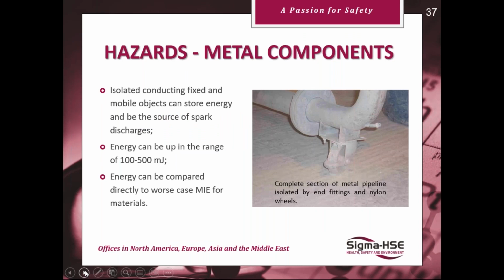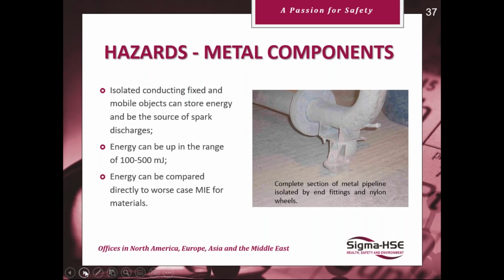So, hazards from metal components: isolated conducting, fixed and mobile objects can store energy and be the source of spark discharges. So always make sure that your earth is continuous. If you measure a length of pipeline, measure from one end to the other and make sure that you have continuity to earth.